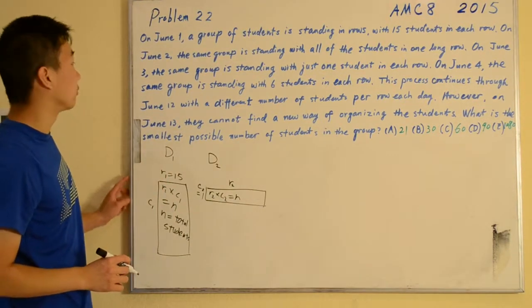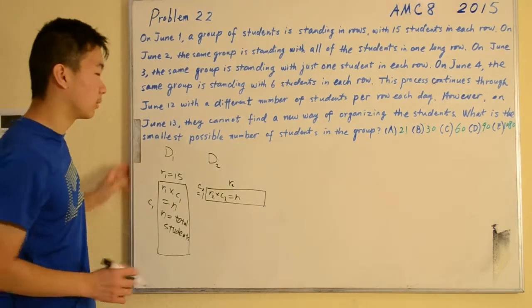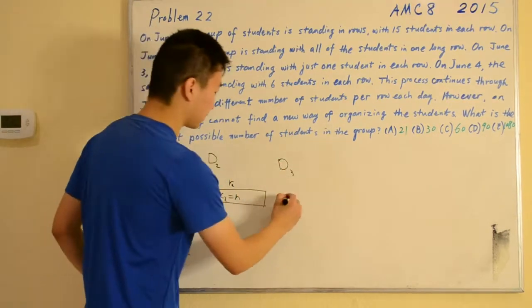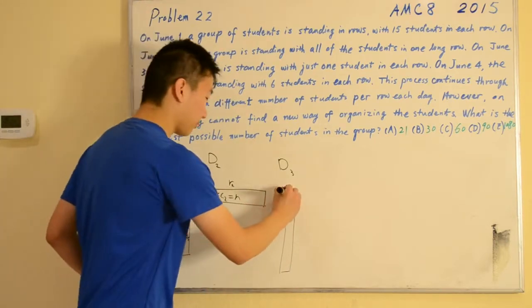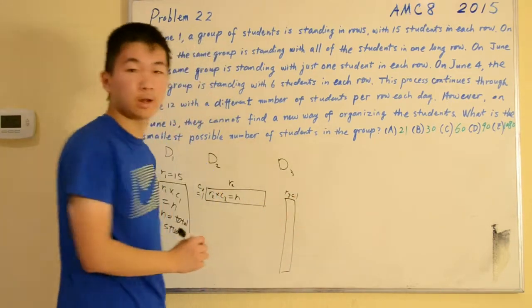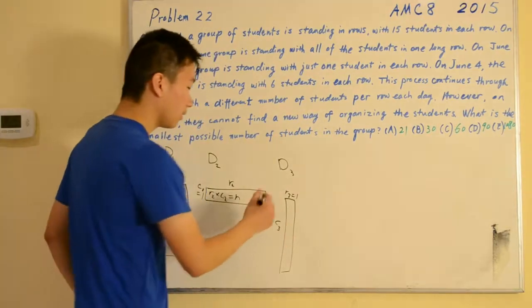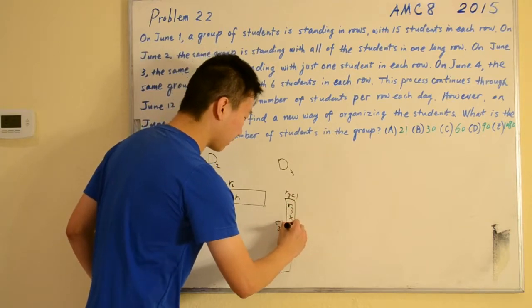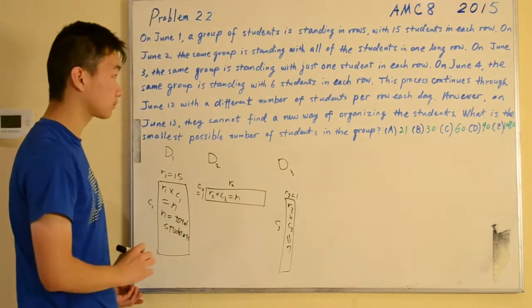On June 3rd, the same group is standing with just one student in each row. So on day 3, the formation now looks something like this. R3 equals 1. C3, we do not know, but we do know that R3 times C3 equals the same n.